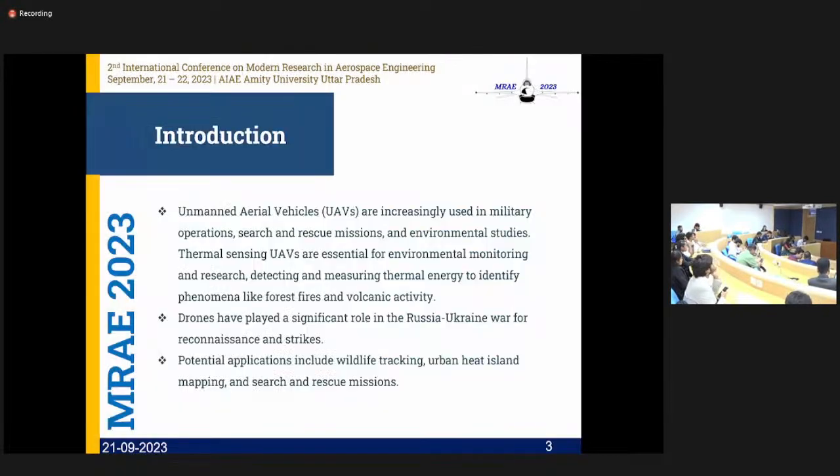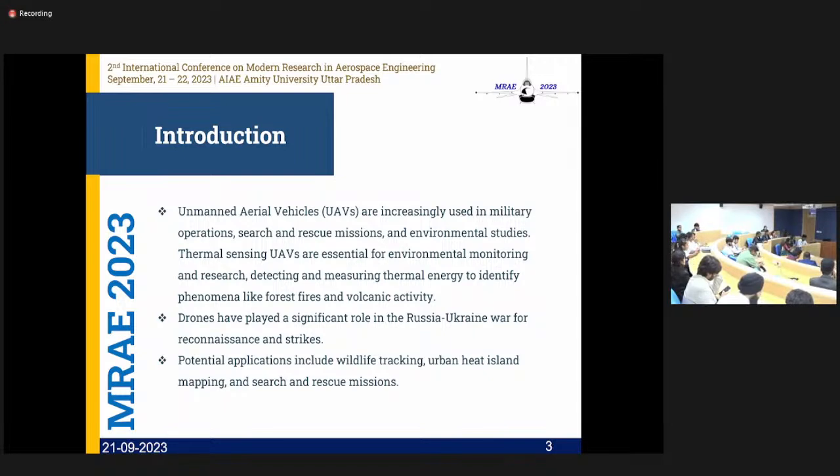Talking about the introduction, UAVs have seen increasing advancement and are used in military operations, search and rescue missions, and environmental studies, locally as well as globally. Thermal sensing UAVs are essential for environmental monitoring and research.